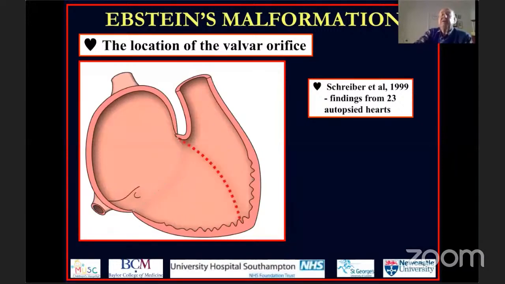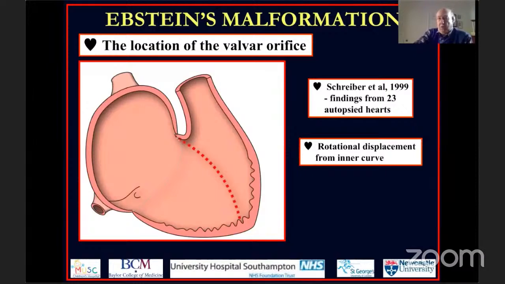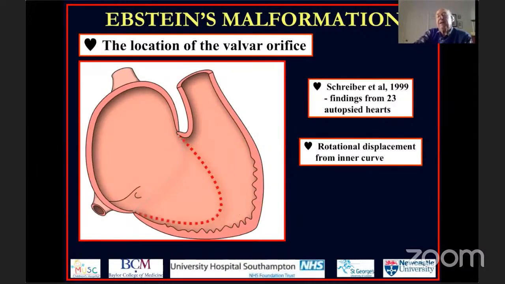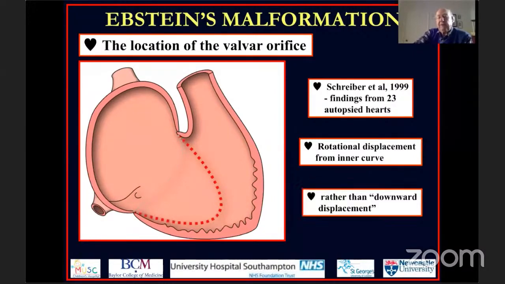And the key point is that it is rotated away from the atrioventricular junction, using the inner curvature, the membranous septum, as its fulcrum. And it is this rotational displacement that is the key to understanding. It is not downward displacement, although that is how you see it echocardiographically.